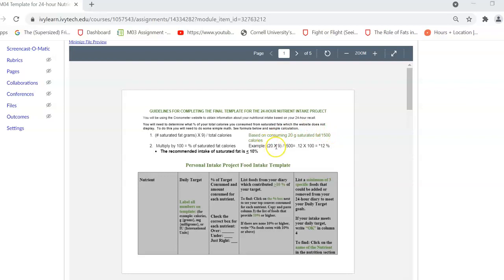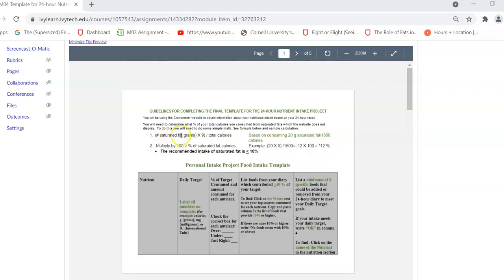So we take 20 times 9, divide by 1,500, which equals 0.12. Now, to convert it to a percent, as you all know, we will just move the decimal point over 2 spots, which is essentially the same as multiplying times 100. Which gives you a final answer of 12% of these 1,500 calories come from saturated fat.